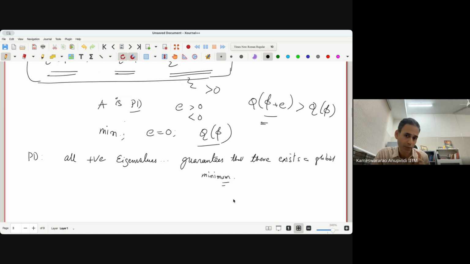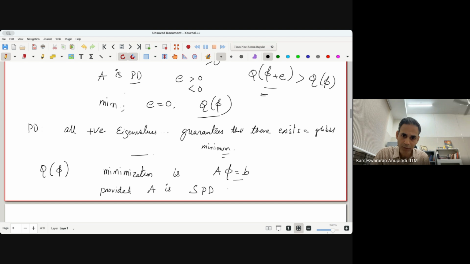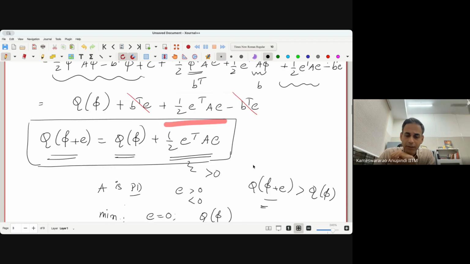So with these two things, we now consider that minimization of Q of phi is the same as solving for A phi equal to B, provided A is a symmetric and positive definite matrix. Okay, so that is the takeaway.